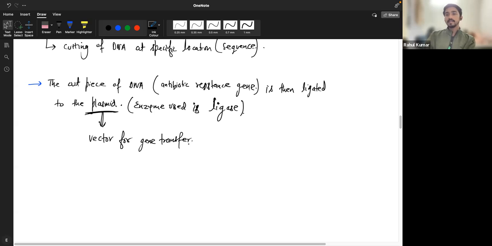Then we realized it is possible to cut DNA at specific locations using restriction endonuclease. We did that. Then we realized that whatever piece of DNA we cut, if we put it in the plasmid and then put that plasmid in the bacteria, the plasmid can act as our own vector, where we can make any recombinant DNA that we want to be expressed in a bacterial cell, correct?